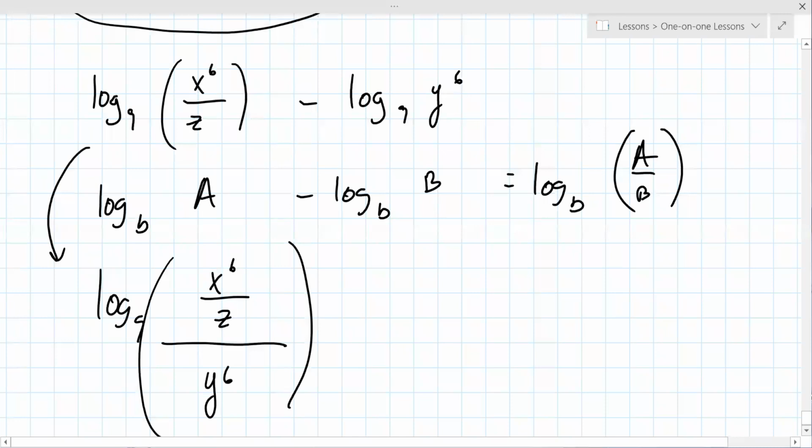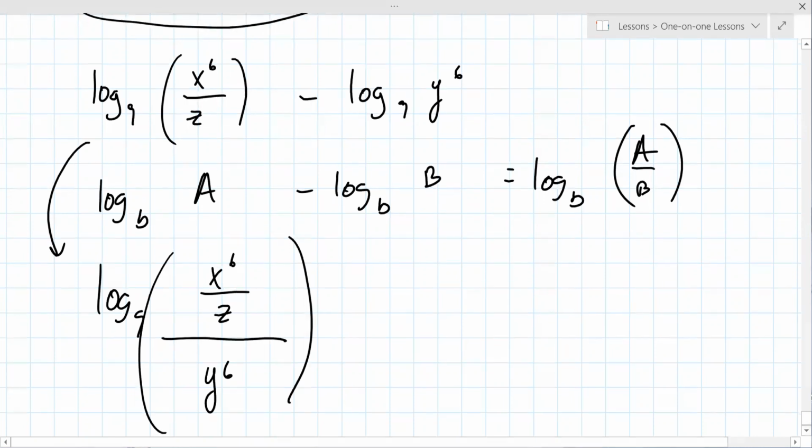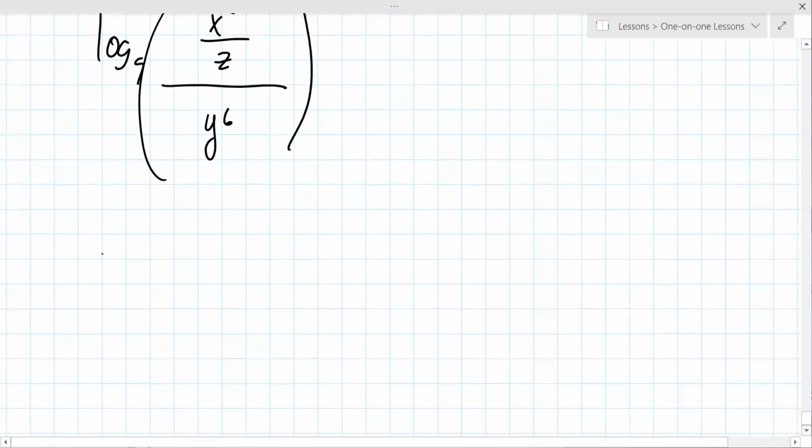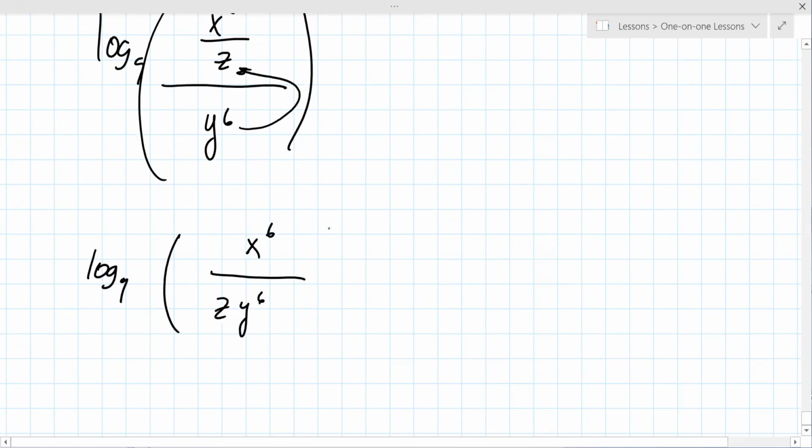You're just putting something over something. So this becomes log base 9, and you can sneak this y to the sixth into the denominator. So it becomes x to the sixth over z times y to the sixth, like that.